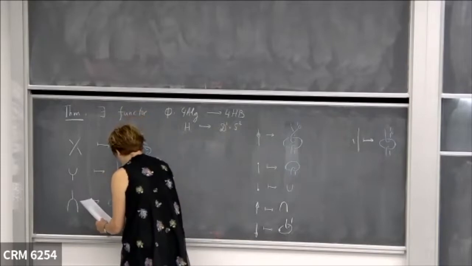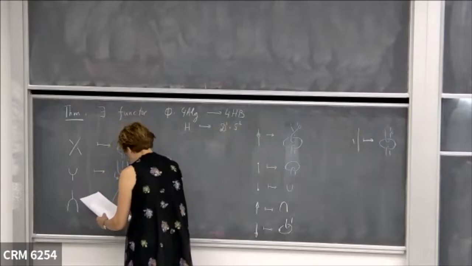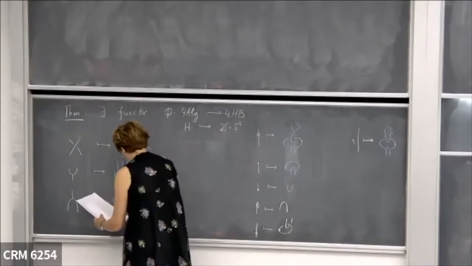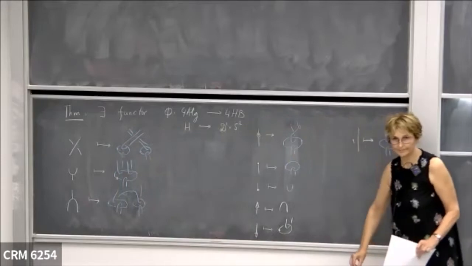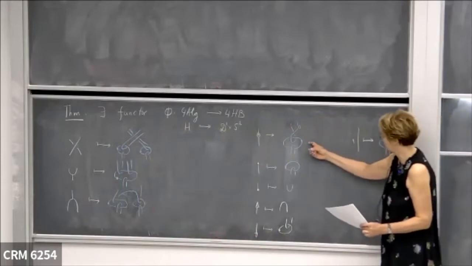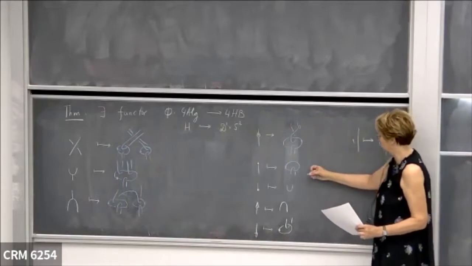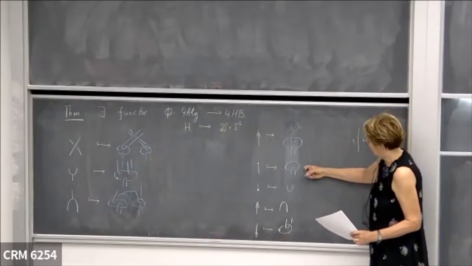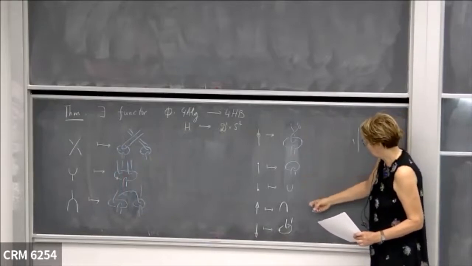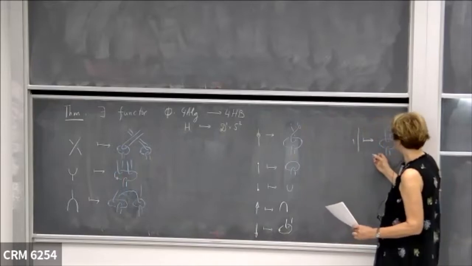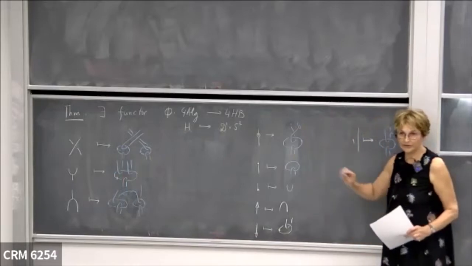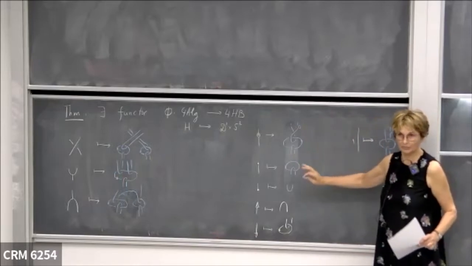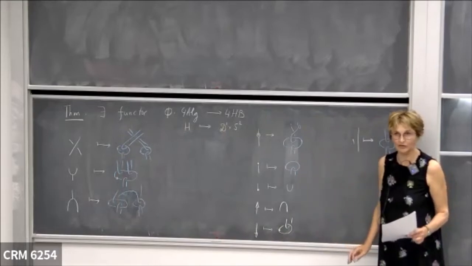And here it goes in the next one. This is the antipode. This is the co-unit, unit, integral, co-integral, and the ribbon element. So this is the whole structure. We don't have any further structure morphisms.